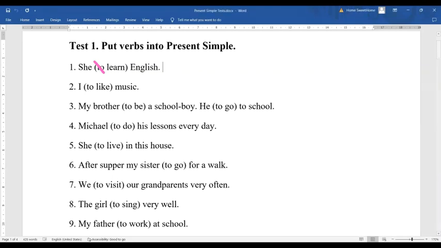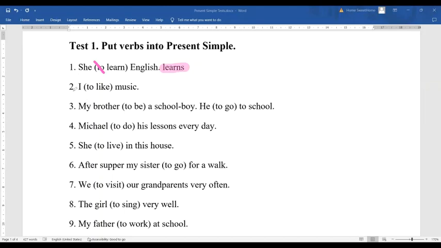We actually get S or ES. Some of you may already know the answer, but I will help you with just S. So the answer is she learns English. Hope you were right with your answer.